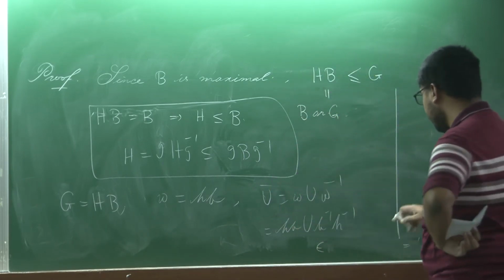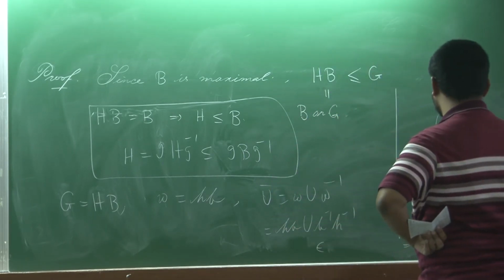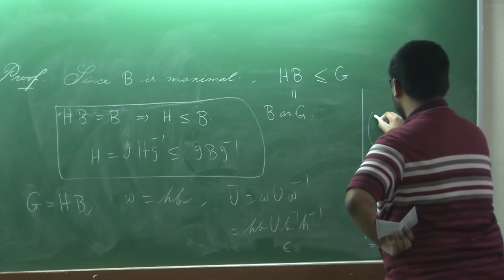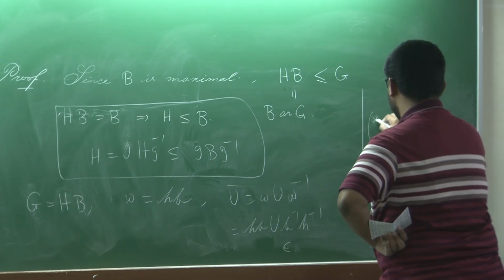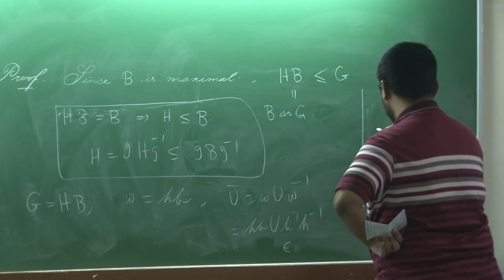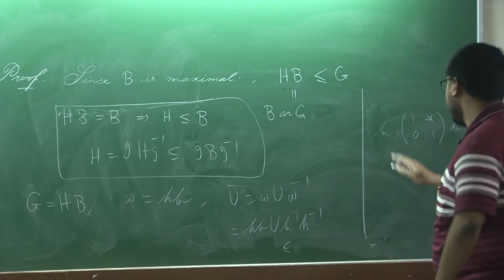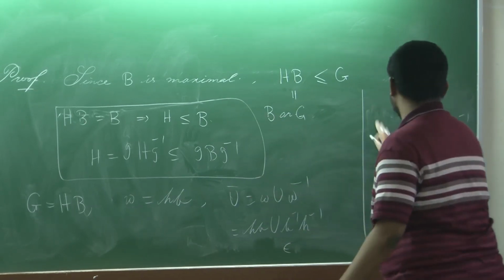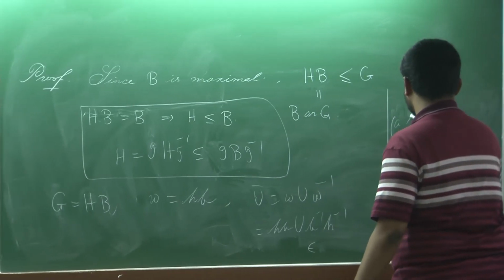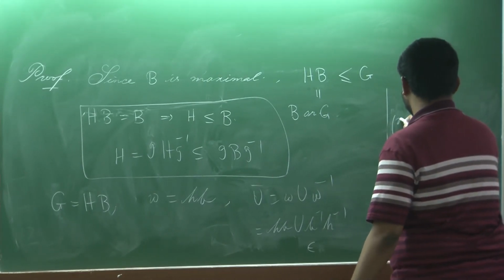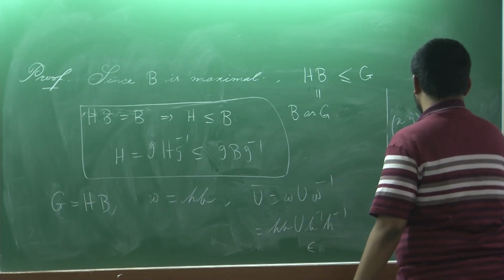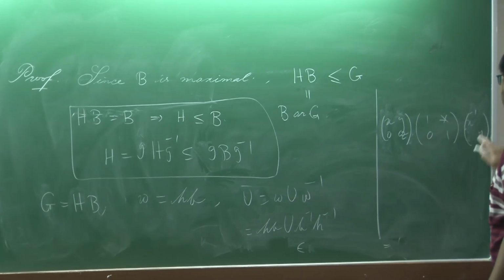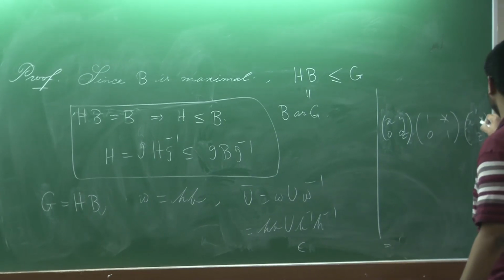So, like this you can immediately see that if an upper triangular matrix is conjugated by some B inverse, let me put it in this way, x y, 0 z, and we will have the inverse of that. So, the diagonal elements must be x inverse, z inverse and something here.